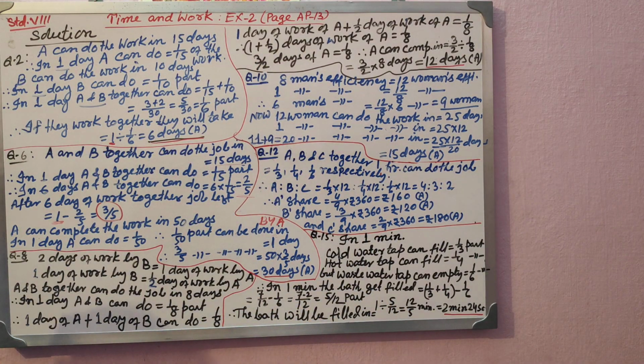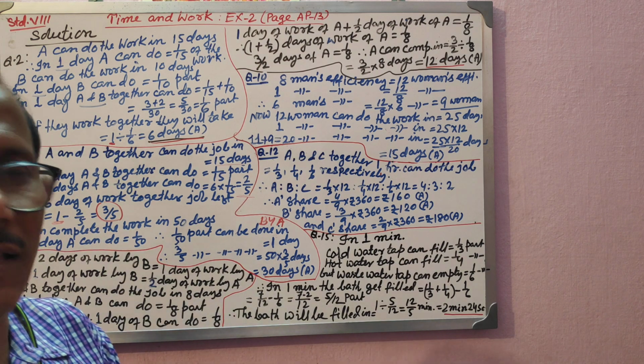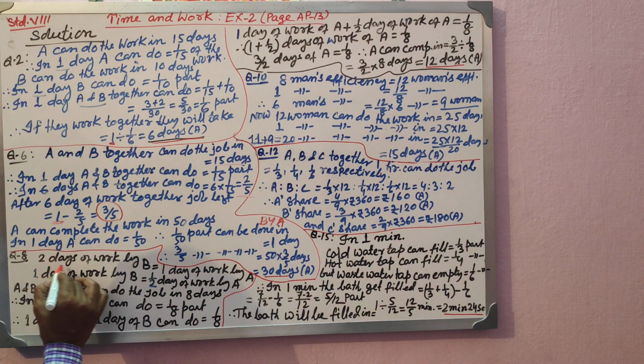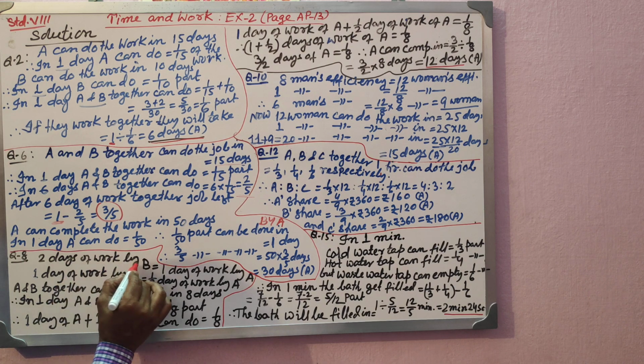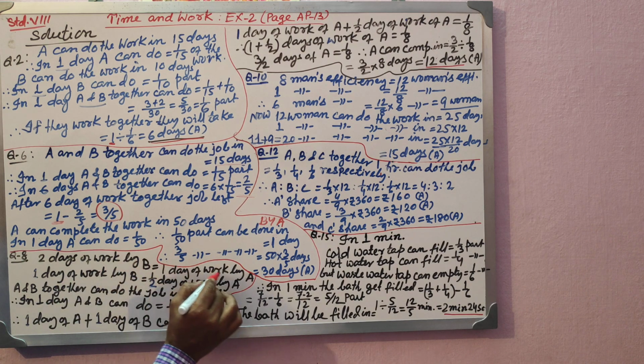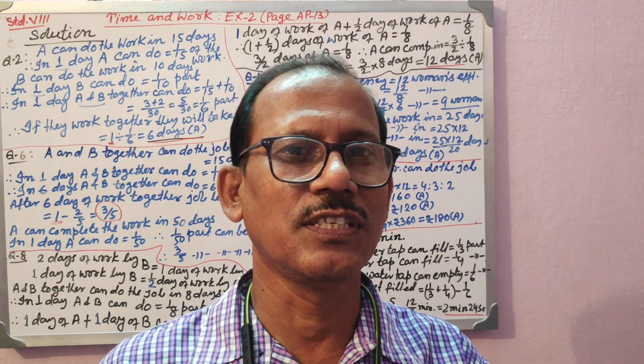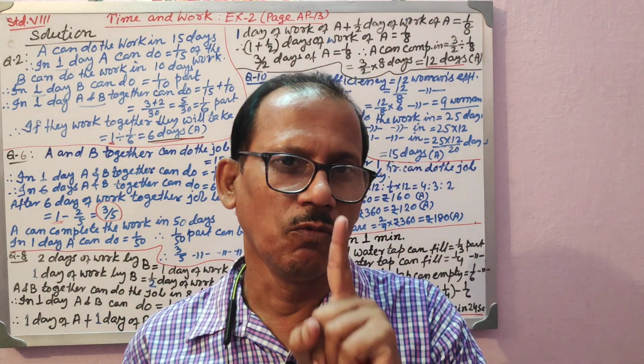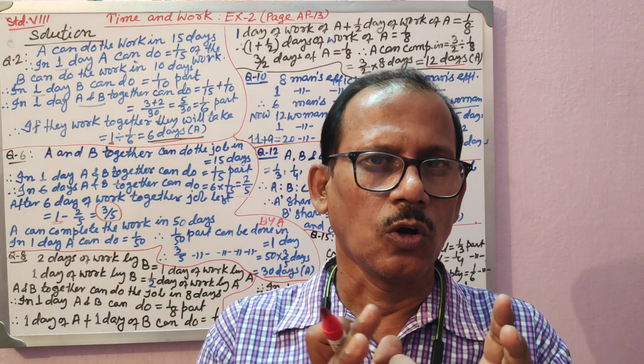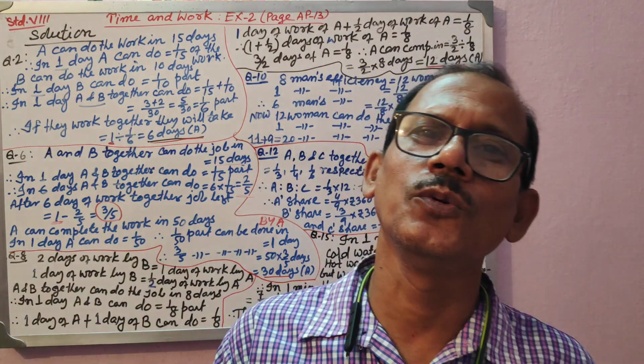Now let us proceed. See, 2 days of work by B is equal to 1 day of work by A, isn't it? Because A's efficiency is twice, in 1 day whatever job A can do, B will take 2 days.